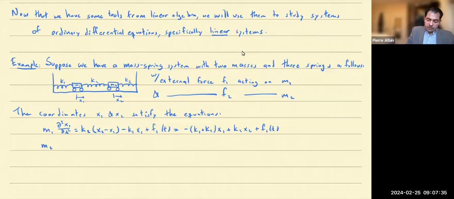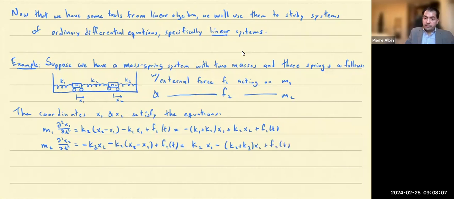And then we have the same story for the position of the second mass, but now we have minus k3 x2 minus k2 times x2 minus x1 plus f2 of t. And so this would be k2 x1 minus k2 plus k3 times x2 plus f2 of t, right?